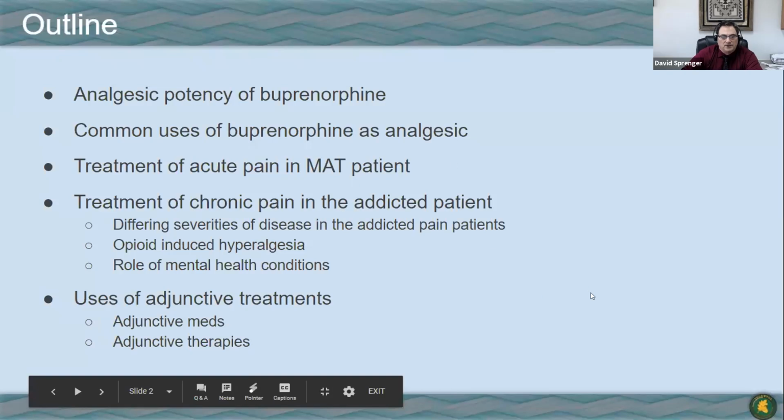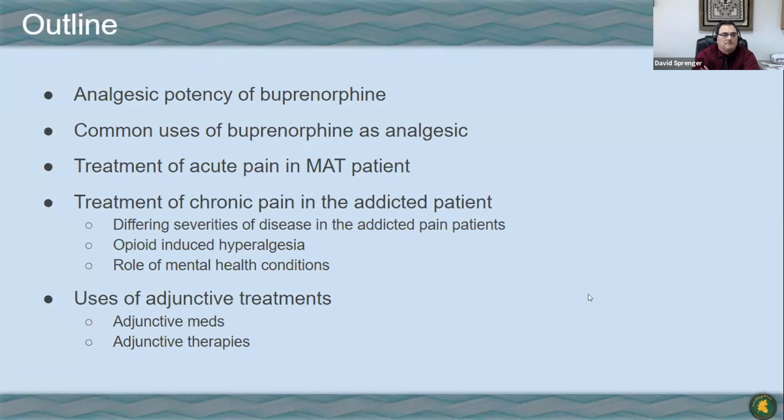Okay, so this is the outline. I'm going to start with talking a little bit about the analgesic potency of buprenorphine, and some of the common uses of buprenorphine as an analgesic. I'm going to talk some about the treatment of acute pain in an MAT patient.